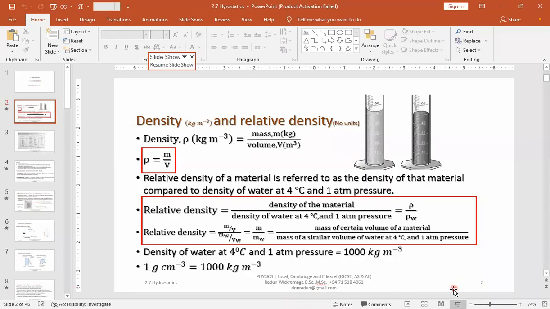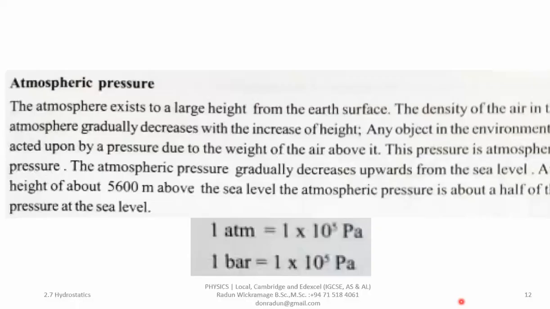If you take the outermost layer of the atmosphere as the surface, then with depth, density increases. That means mean sea level has the highest density.